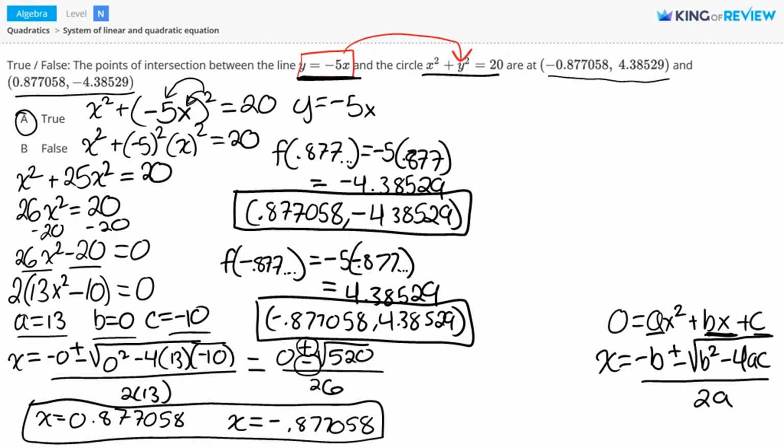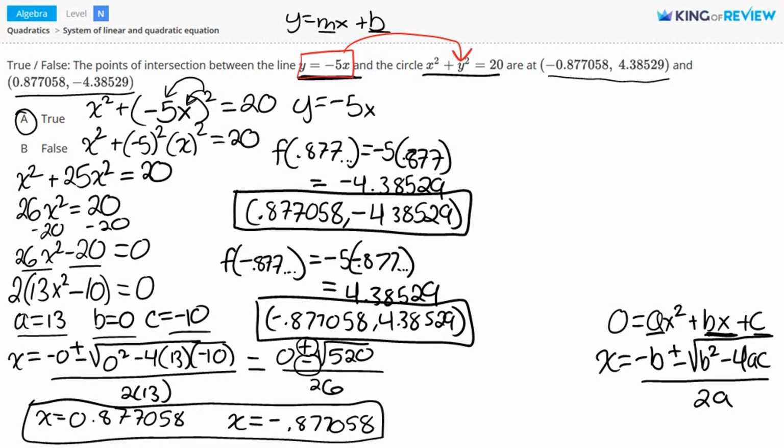Another way to find the points of intersection is to use your graphing calculator and graph these two equations and see where they intersect. You can also do this by hand. Just to give a rough plot of what this looks like, this first equation, y equals negative 5x, is a line because it's in slope-intercept form, y equals mx plus b, where m is the slope and b is the y-intercept.